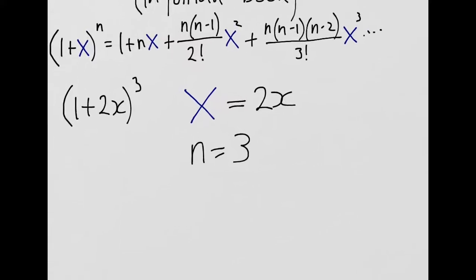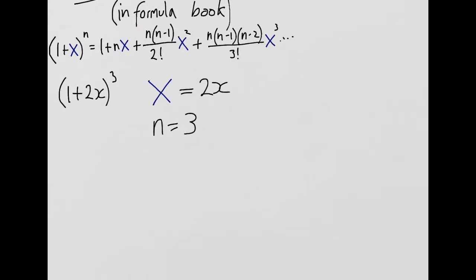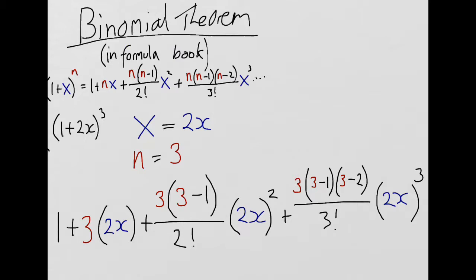So given all that, we can literally now just substitute everything in. We just again have to be very careful about brackets and make sure that wherever blue capital X is squared, we are squaring all of that bit there. So let's rewrite this with our terms inside it. And there we go, so I've coloured everything in, so you've got X is going to be 2x, so just make sure you are always keeping that in brackets so that square affects the 2 as well, and n equals 3, just sub it in.